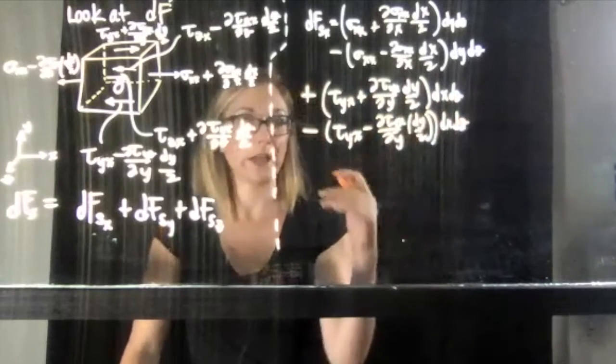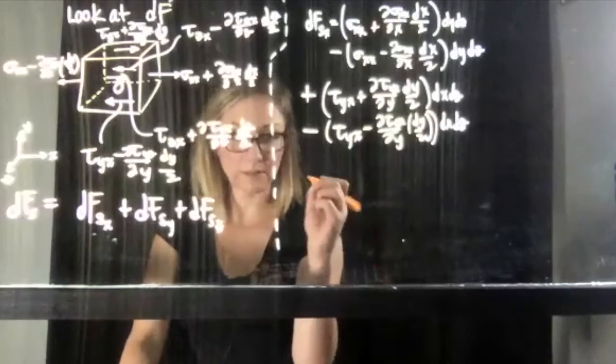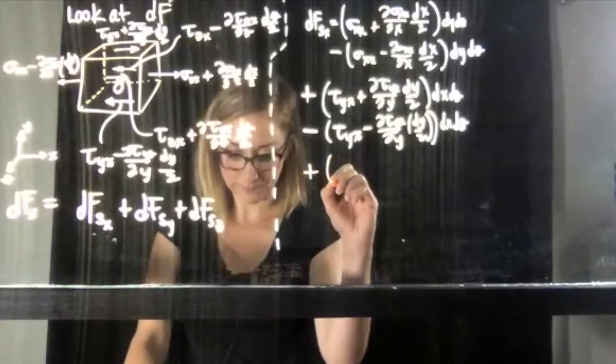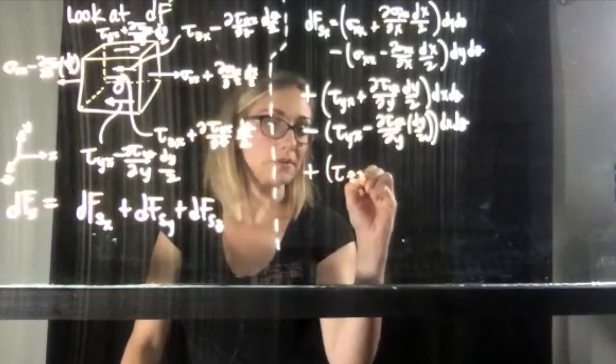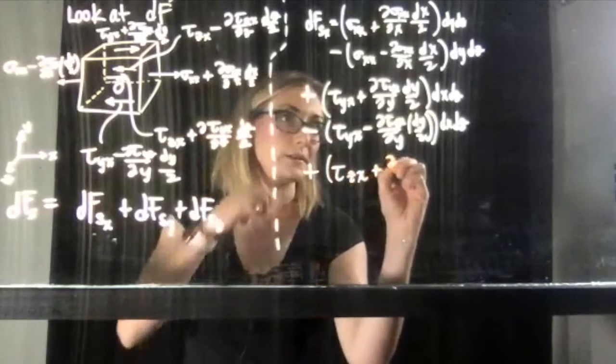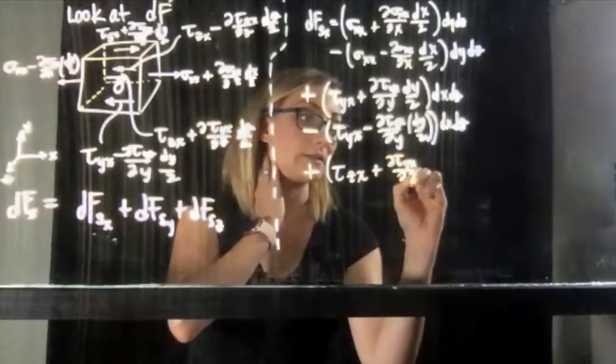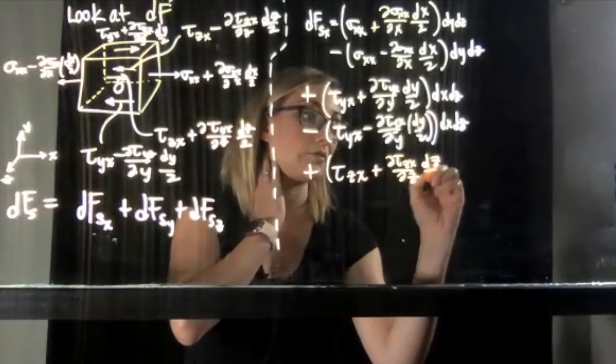And then for our last set of forces in the z direction, we have plus tau zx plus d tau zx dz dz over 2.